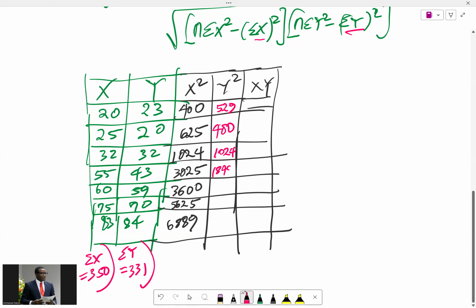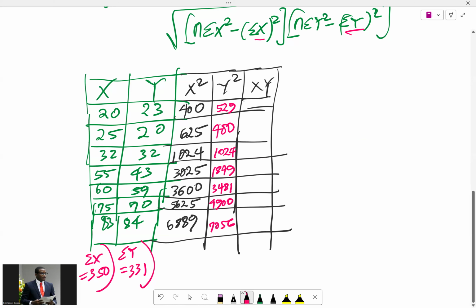Then we need 59 squared. 59 squared is 3481. 70 squared is 4900. Then 84 squared is 7056.